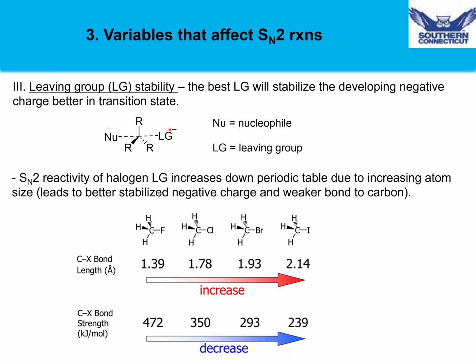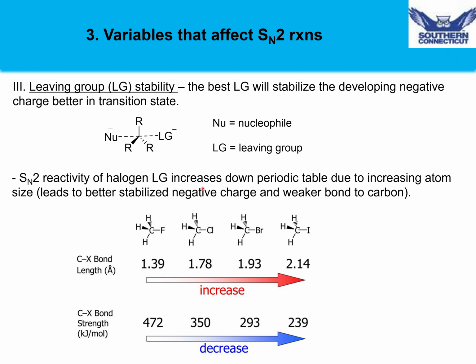Both the leaving group and the nucleophile will have a partial negative charge in the transition state, and then eventually the leaving group will be eliminated with a full negative charge on it. So the more stable that negative charge is based on the properties of the leaving group, the faster the reaction will occur. So let's take a look at how the halogens react in the SN2 reaction as a leaving group.